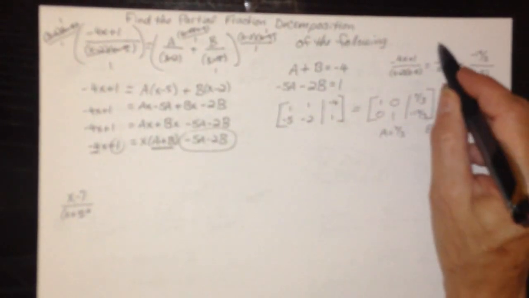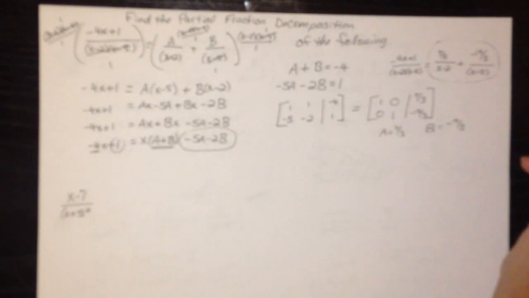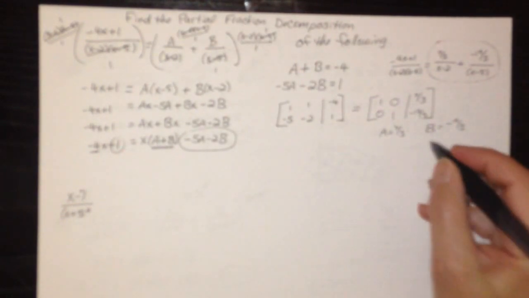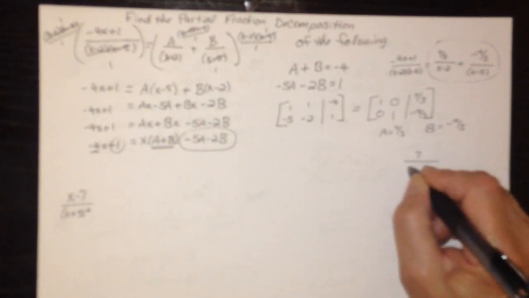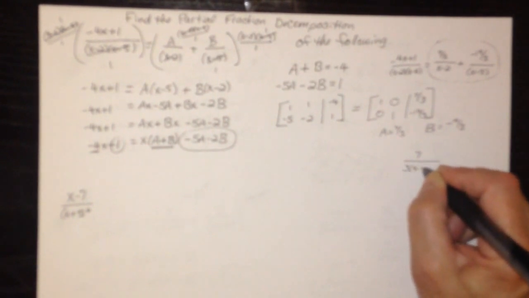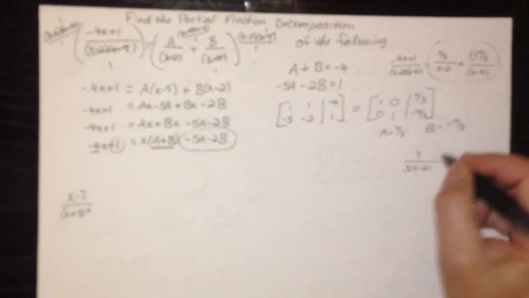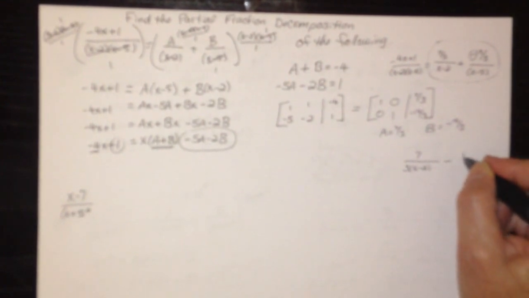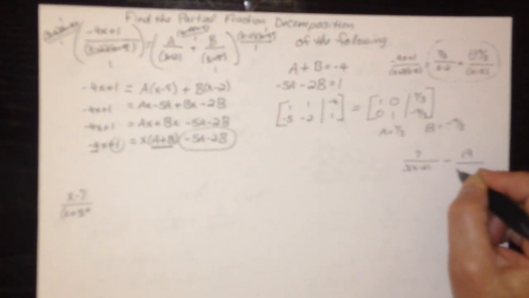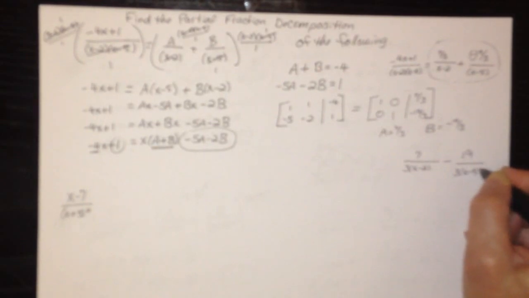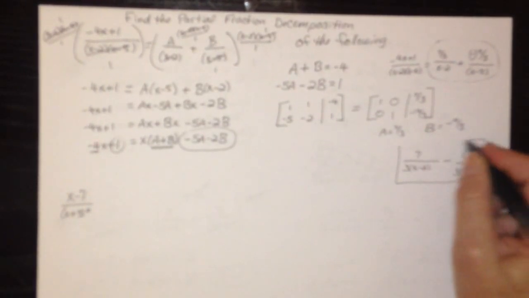An alternate way of writing this answer that is equally as good would be 7 over 3 times x minus 2, minus a positive 19 over 3 times x minus 5. This is an equivalent answer right here.